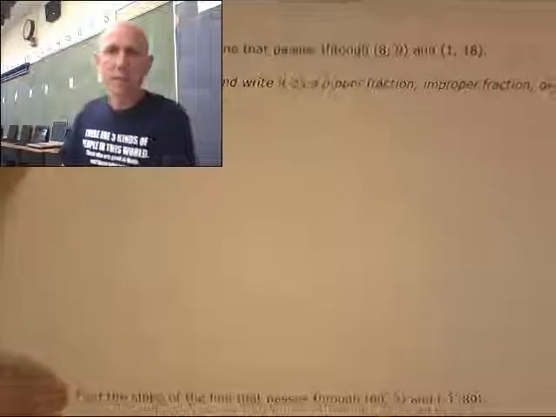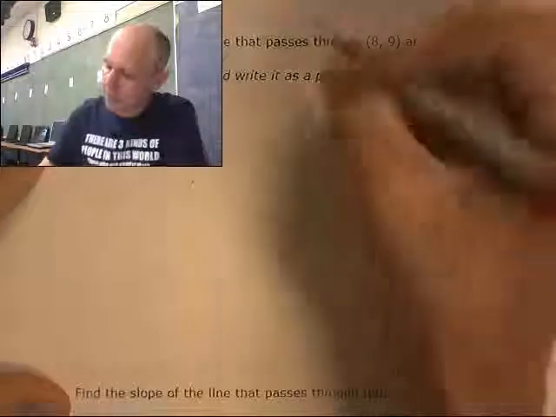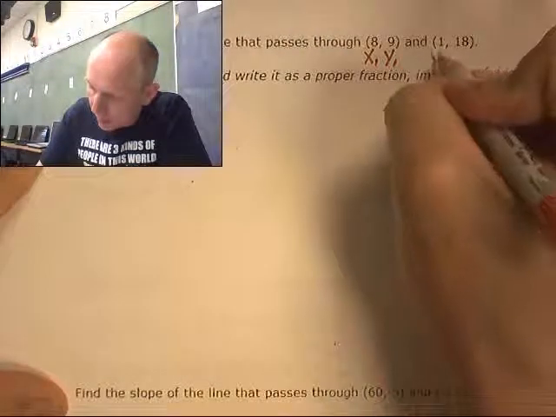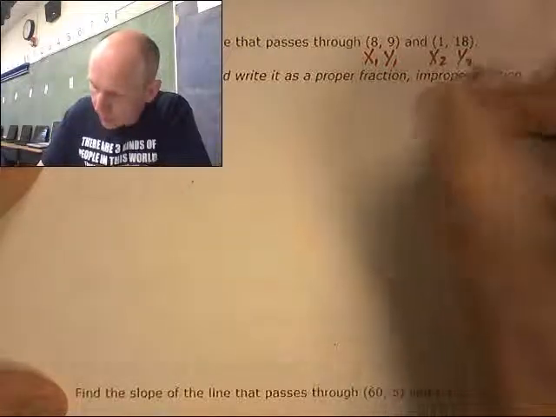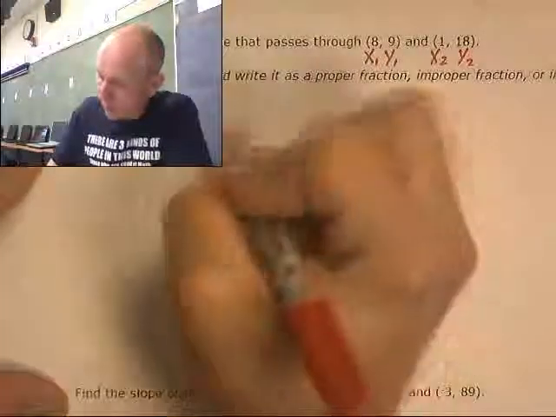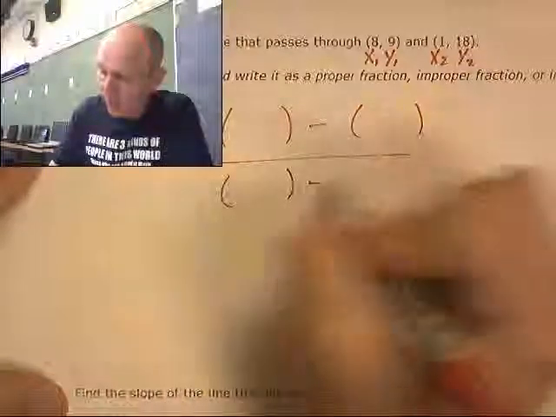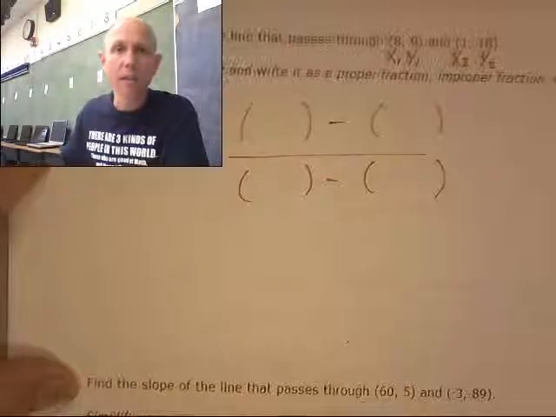Okay, we're going to find the slope. Here are 2 points. x1, y1, x2, y2. This is going to be the magic equation. Singing math teacher.